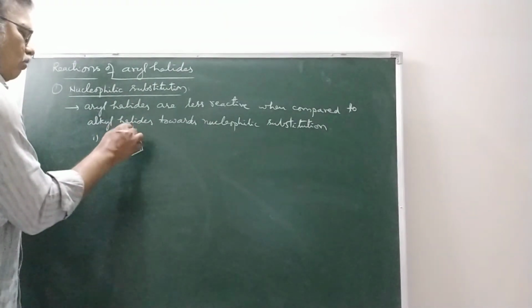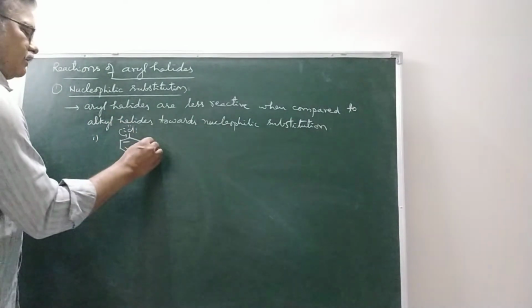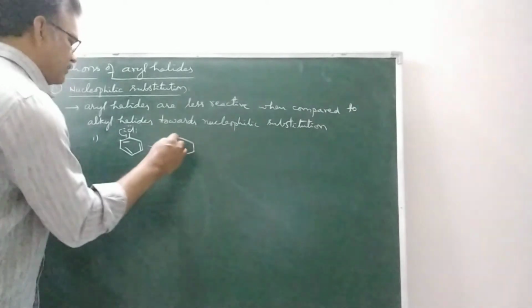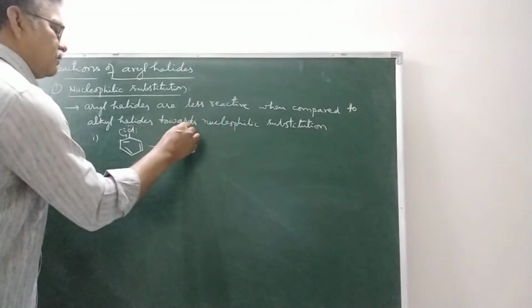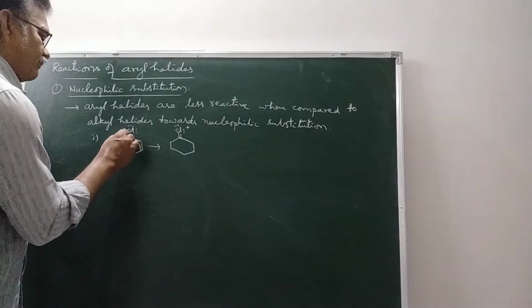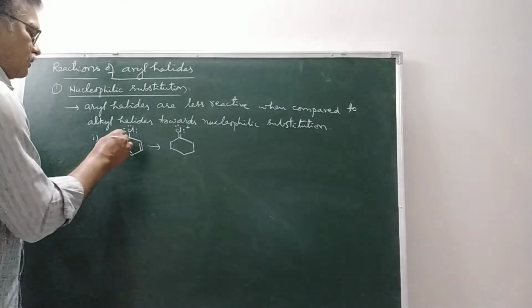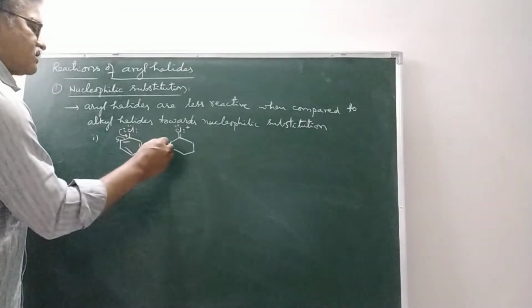Here, if one electron pair comes like this, then we get resonance structures as Cl plus double bond, and when this electron pair comes this side, this pi electron pair shifts towards this carbon.